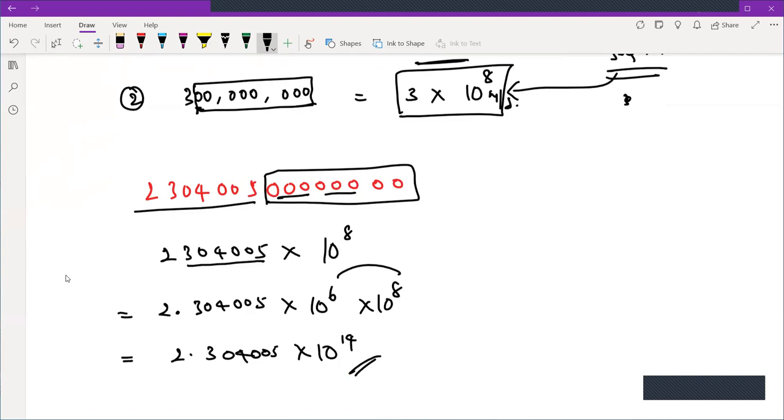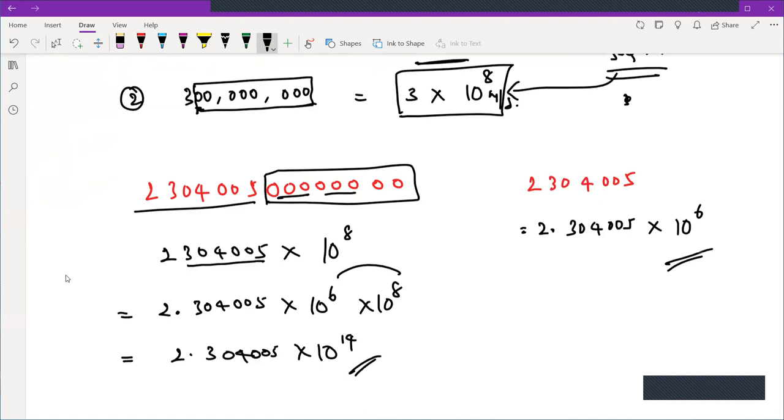Okay, sir. Suppose you may get the doubt, sir, if there are no zeros at the end, how do we write this? It is also the same. First we'll write 2.304005 into 10 to the power of 6. That's it. Direct answer.